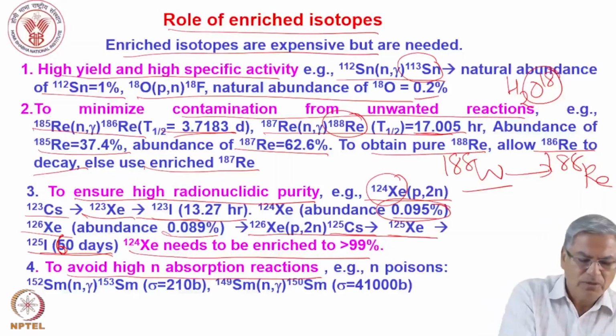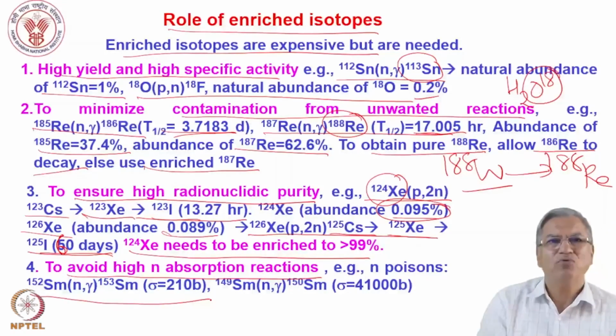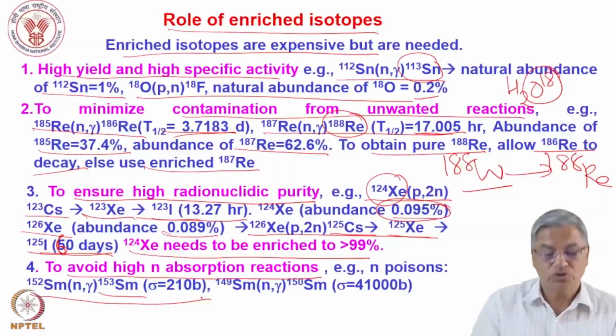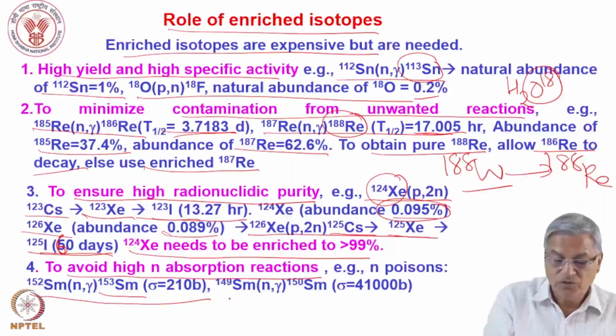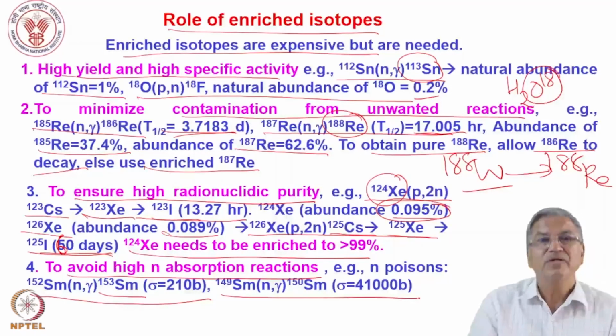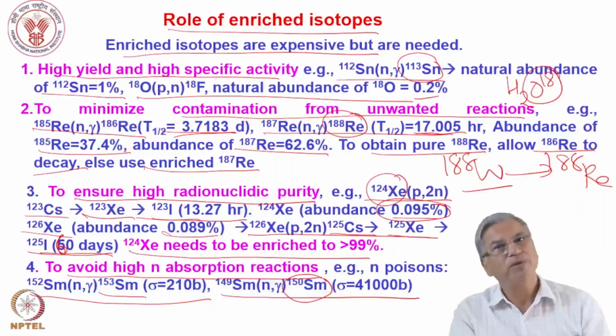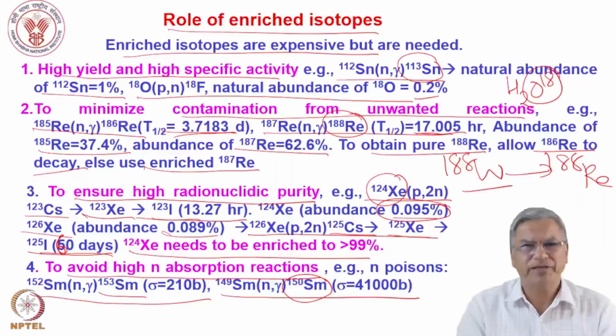For example, you want samarium-153 for many medical applications. You irradiate samarium-152 (n,gamma) and you get samarium-153. Half-life is about 46 hours. But here, you have samarium-149 (n,gamma) samarium-150. Though samarium-150 is stable, it will not give you any activity.